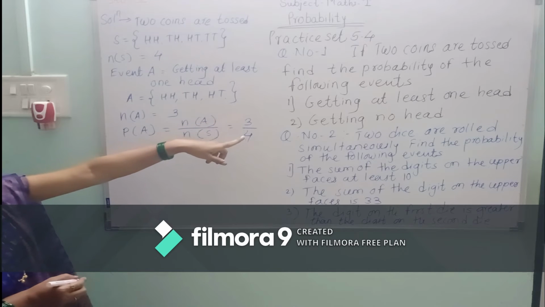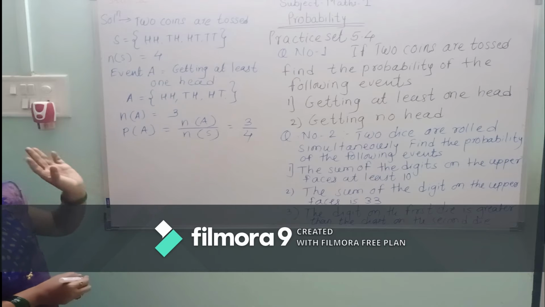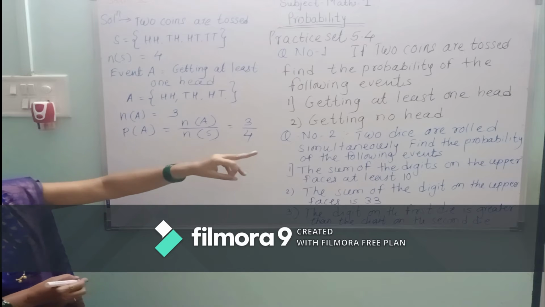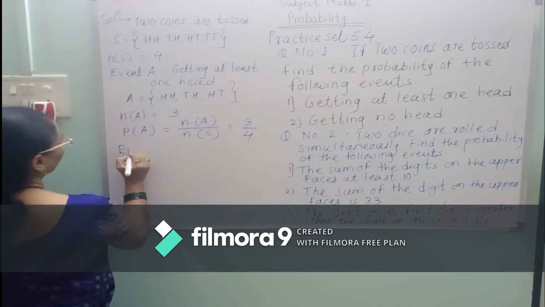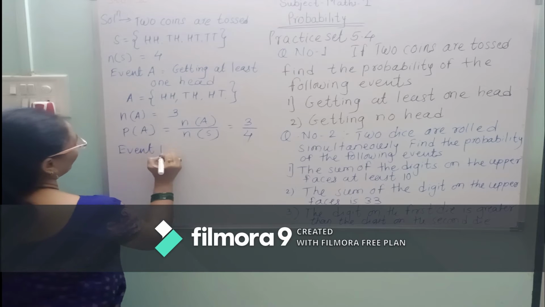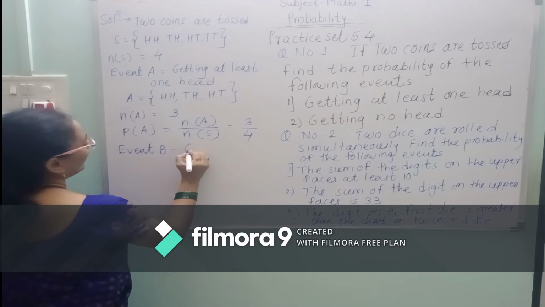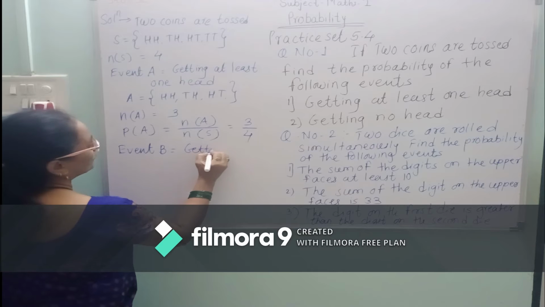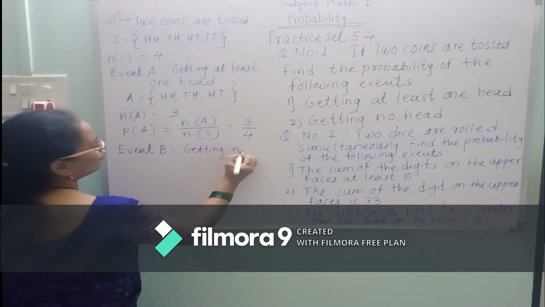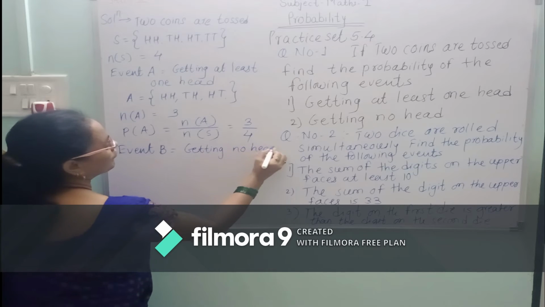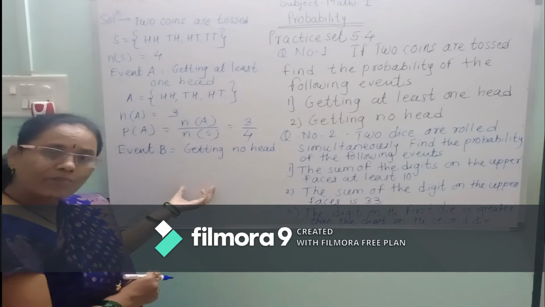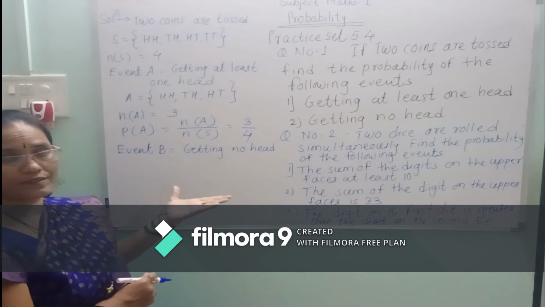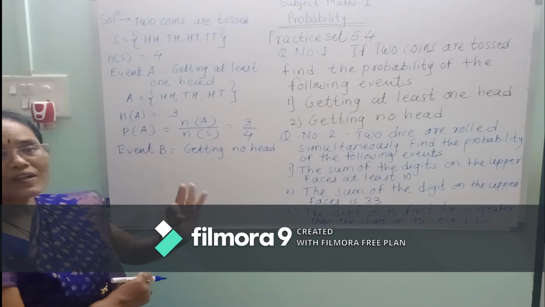Then the second point, getting no head. Event B, getting no head. So this event B, getting no head, means only tail.